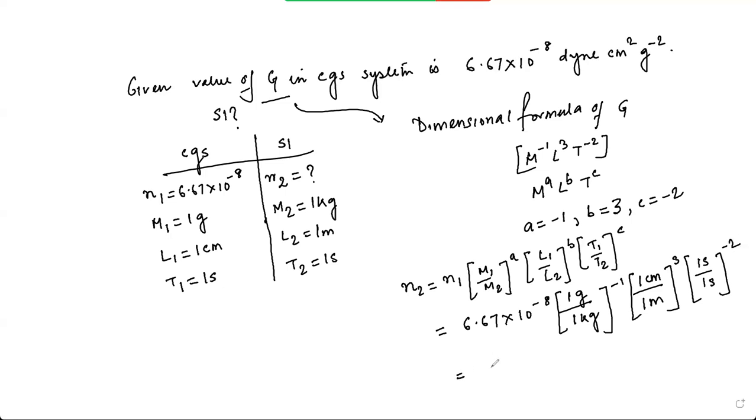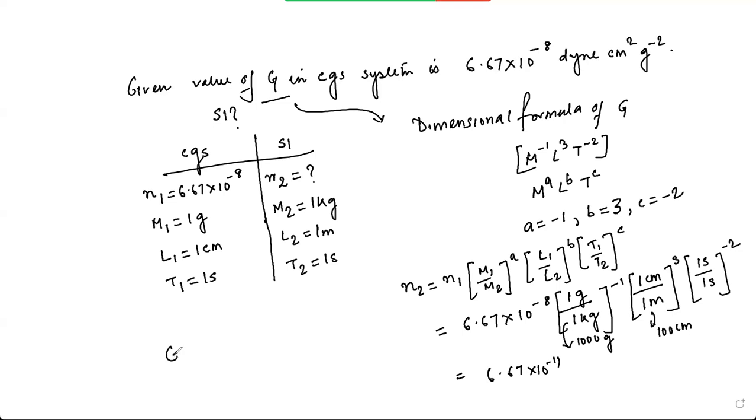If we convert this kg into gram, that is 1000 gram, and 1 meter equals 100 centimeter, and if we calculate this value, it will come out as 6.67 into 10 to the power -11. This is the numerical value of G in SI system.